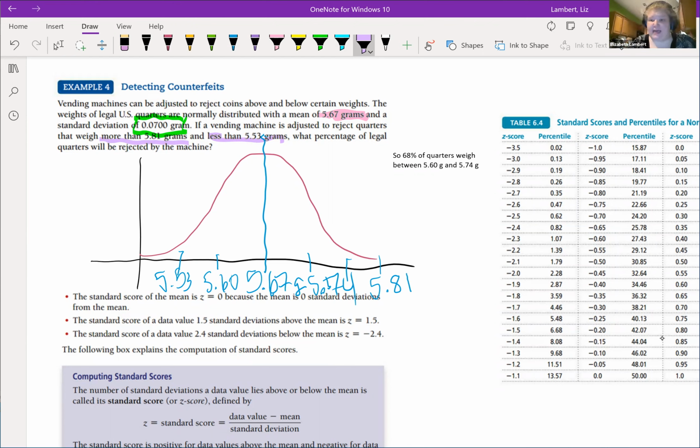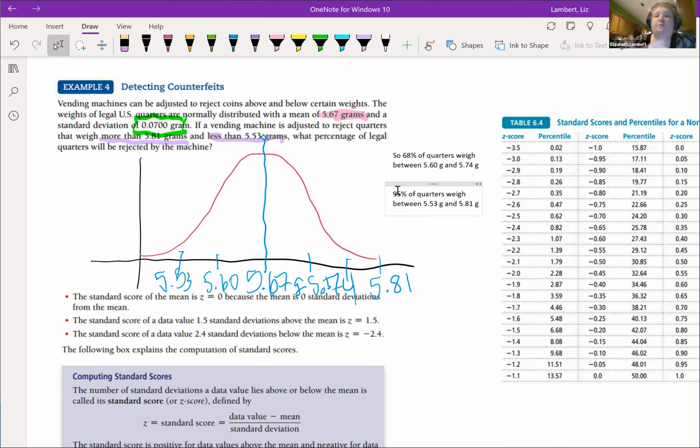All right, so our second standard deviation has told us that 95% of quarters weigh between 5.53 grams and 5.81 grams. So if 95% are within those numbers, they're all going to be fine in the machine.